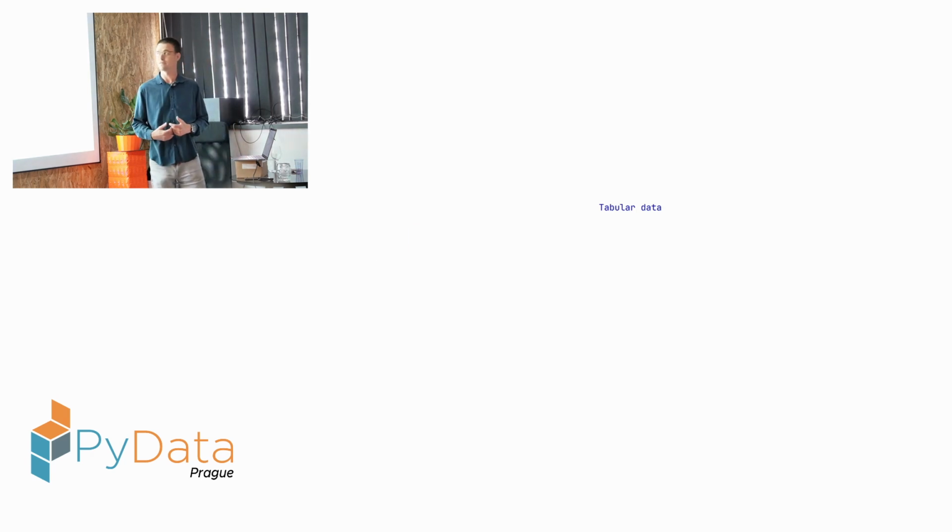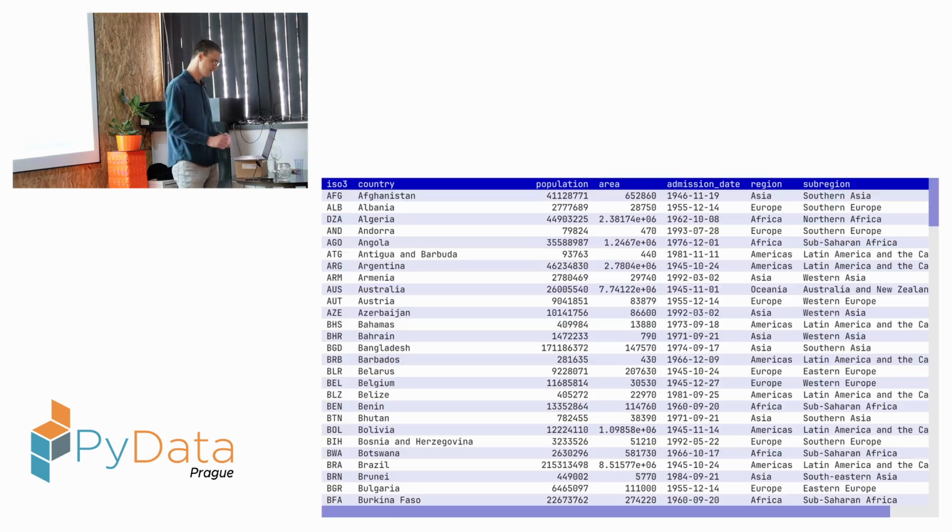So let's start first with the tabular data. Let's imagine that I have data like this. These are some information about the countries in the world. Nice numerical numbers, sometimes strings, whatever. And I want to look at that in the terminal.